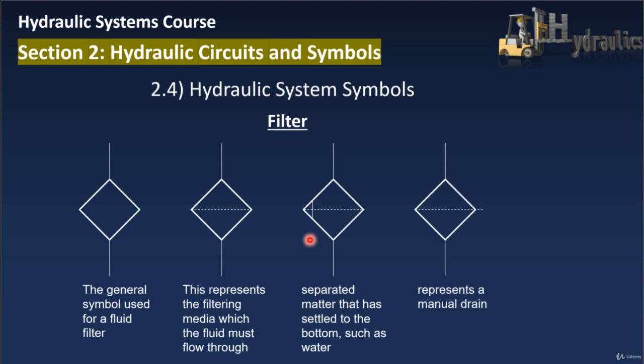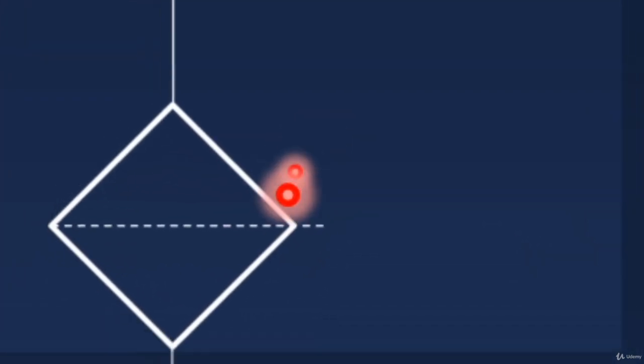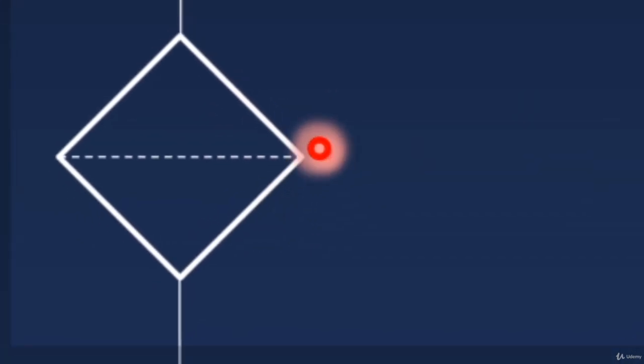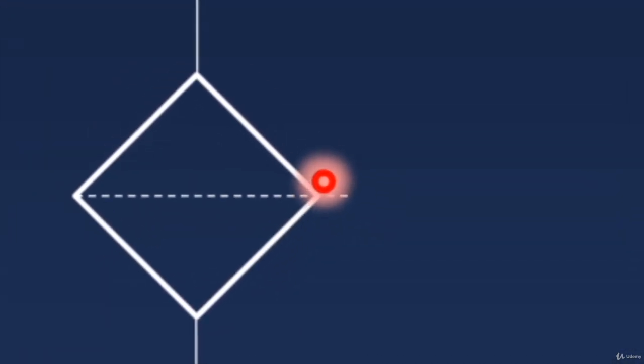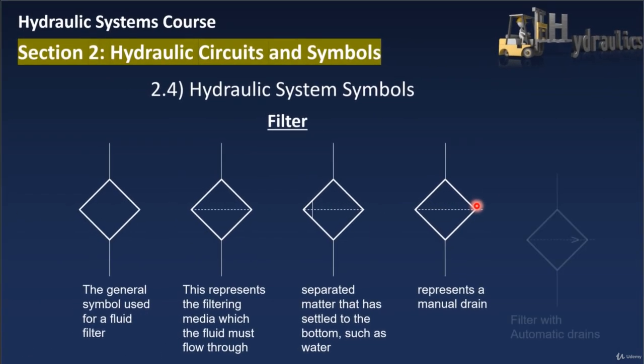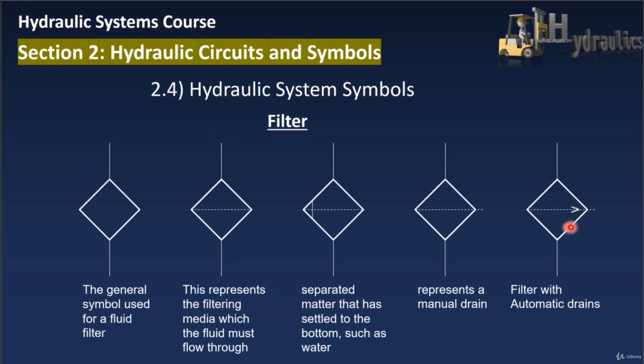Another type of filter has a short line extending from the bottom of the symbol as shown here. This represents a manual drain filter. On the other type, when we have an automatic drain filter, it will be represented by a small letter V placed below the horizontal separation line as shown.